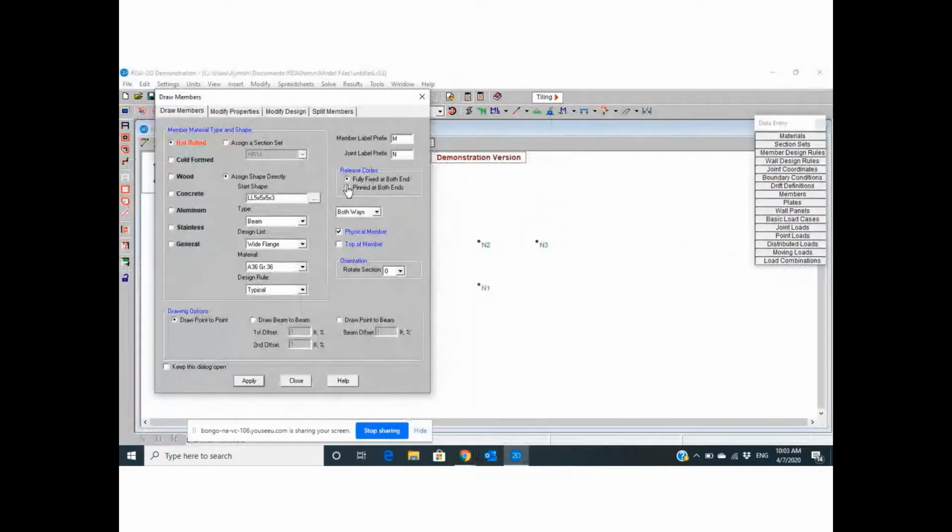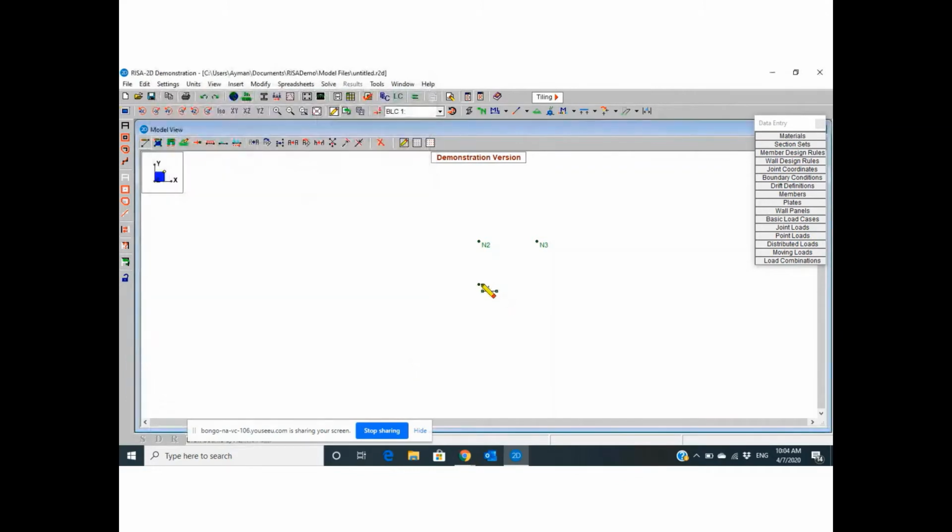We have to check pinned at both ends. If you didn't check this option, you are drawing a beam or you are drawing a frame. Without this option, you are drawing another structure, not truss. Please don't forget, apply, go ahead and draw your members.